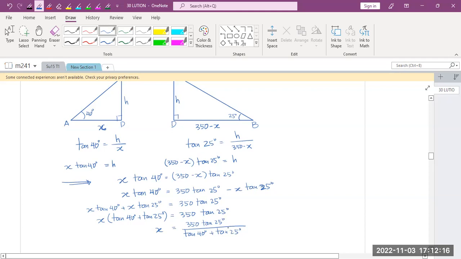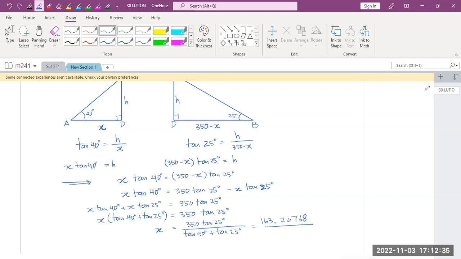Now you can use your calculator here if you want. Compute the numerator first: 350 times tangent 25. That gives us 163.20768 over the denominator, tangent 40 degrees plus tangent 25 degrees. That is 1.3054073.